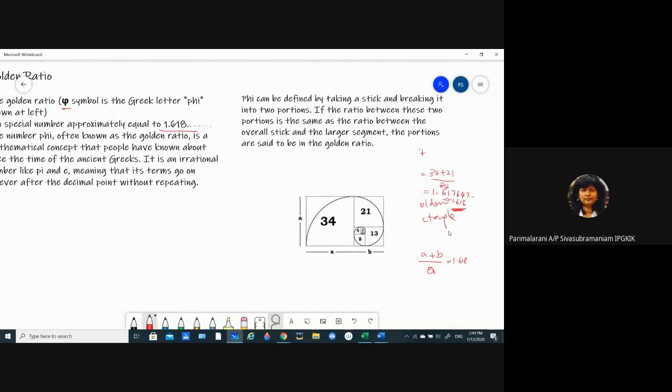To demonstrate this golden ratio, phi can be defined by taking a stick and breaking it into two portions.